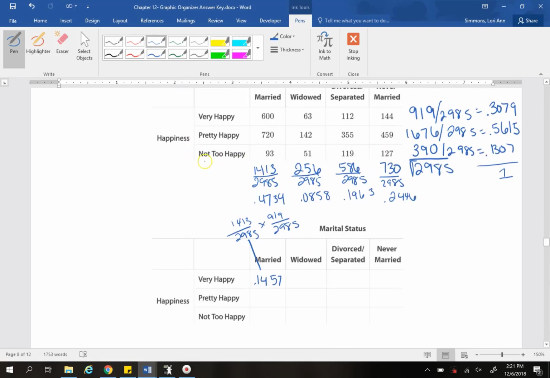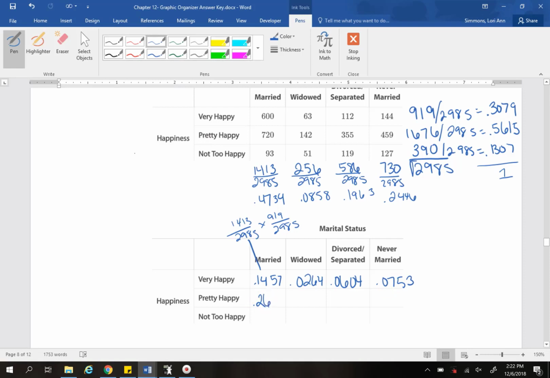For those that are very happy and widowed, you're going to take 0.0858 times 0.3079 to get 0.0264. Again, if you want to find very happy and divorced, separated, take 0.3079 times 0.1963. Very happy again, so 0.3079 times 0.2446, 0.0753. Okay, I'll fill in the rest.